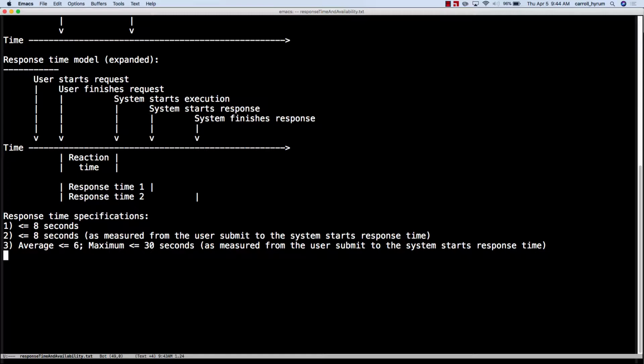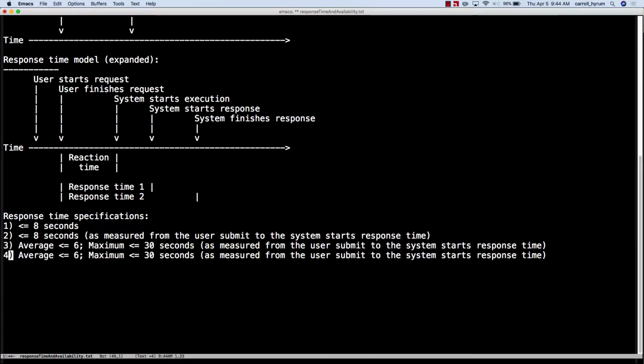Are they talking about maximums? Are they talking about 90% of the time? It's kind of unclear what's going on. Because you could argue, hey, I got the response time down to 7 seconds most of the time, and your boss might be happy with that. She might also say, no, it can never go over 8 seconds. Whoa, that's a different requirement.